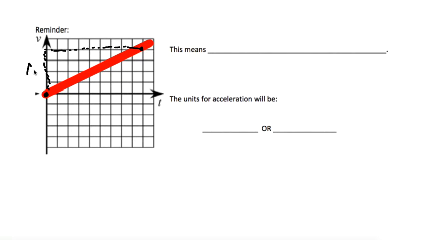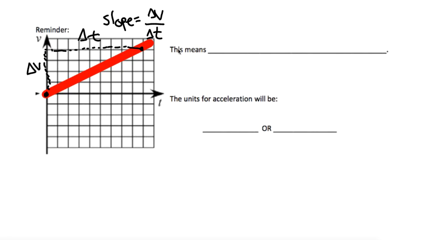So the rise is the delta v. The run is how much the time is changing, delta t. So when you divide rise divided by run to find the slope, the rise is delta v, the run is delta t. Rise divided by run. That's our equation for acceleration.